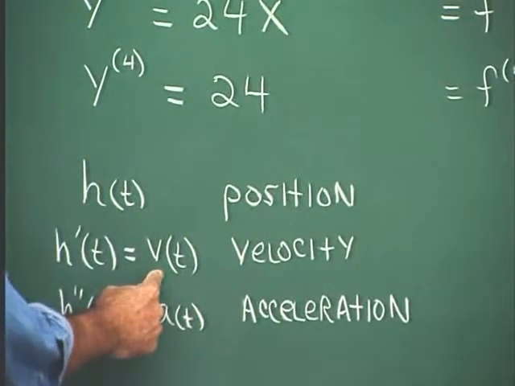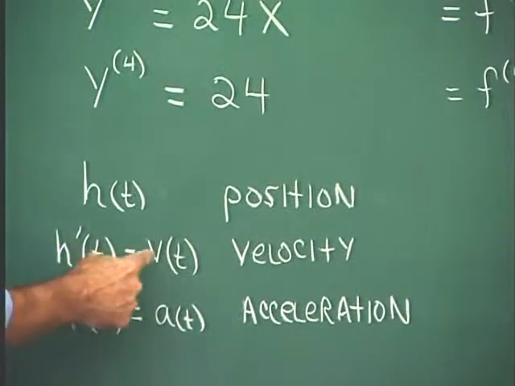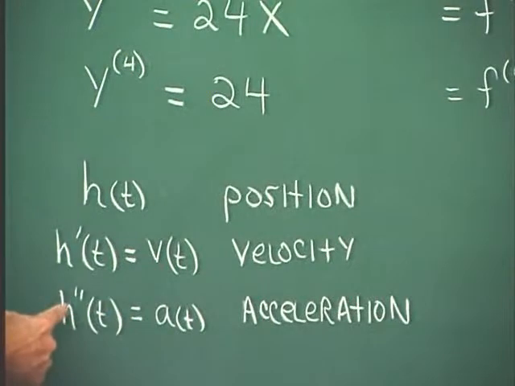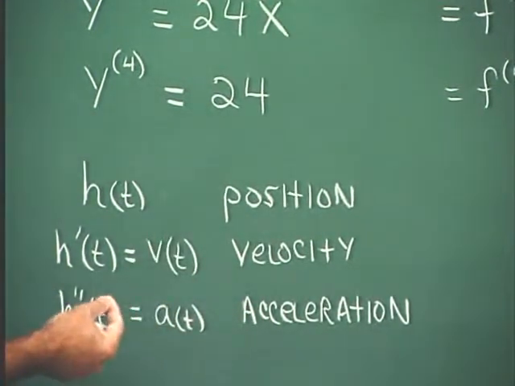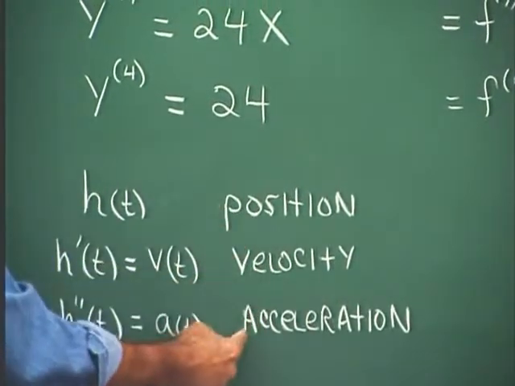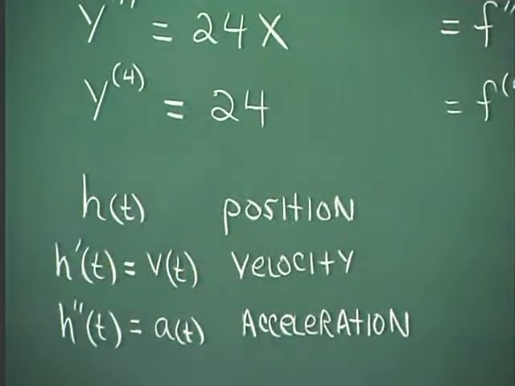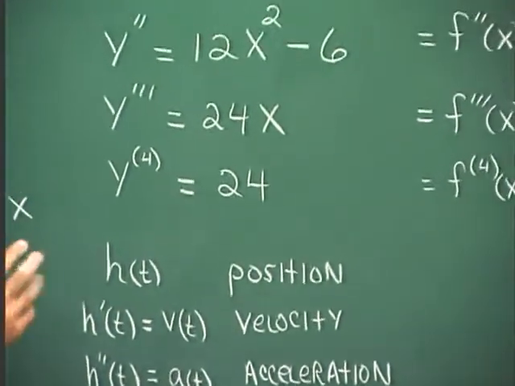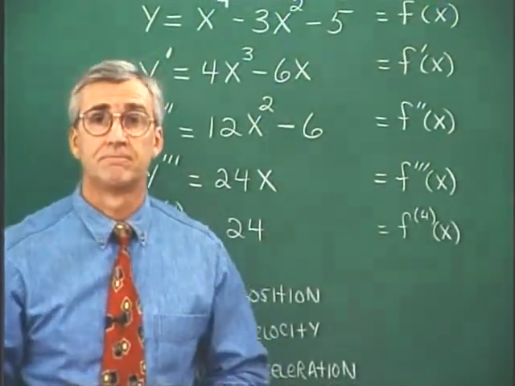You see, velocity in terms of time. And the derivative of the velocity function gives a function which gives information about acceleration. So the second derivative of a position function is an acceleration function. The first derivative of a position function is a velocity function. So that's how these manipulations can come into play.